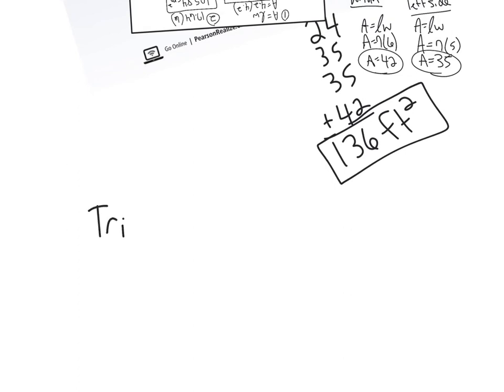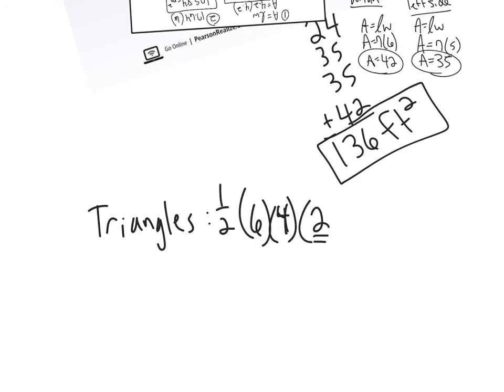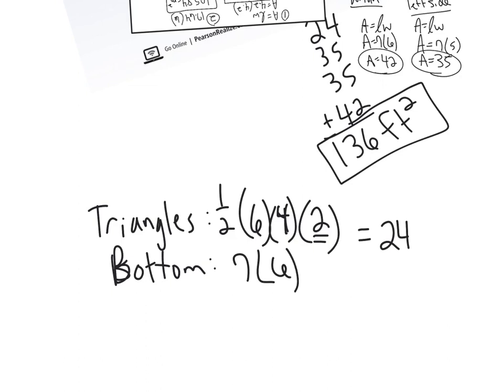So like I could just say I have triangles. We did a half times 6 times 4. And then we said there were 2 triangles, so you could put times 2 after that. And that equaled 24. We had the bottom rectangle that we did 7 times 6, which is 42.